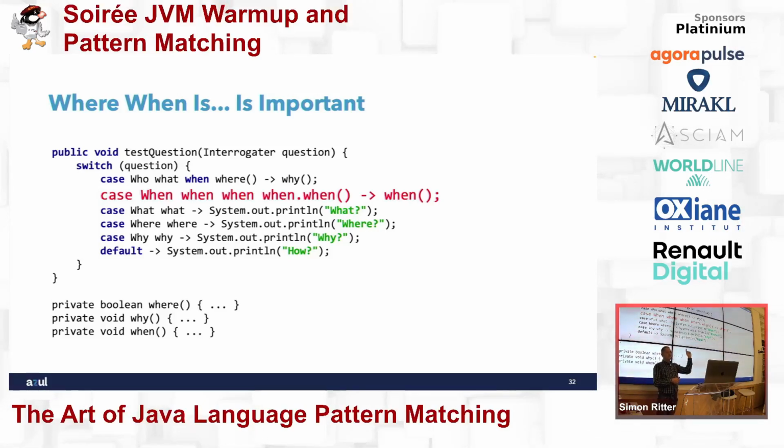The second lowercase when is the guard. So we're not using double ampersand, we're using when as a contextual keyword. And then the third lowercase when is the reference to the pattern variable that we're going to call the when method on to test whether we've got true or false. And if it is true, we will call the local method, also called when, with a lowercase w. I do not recommend writing code like this.